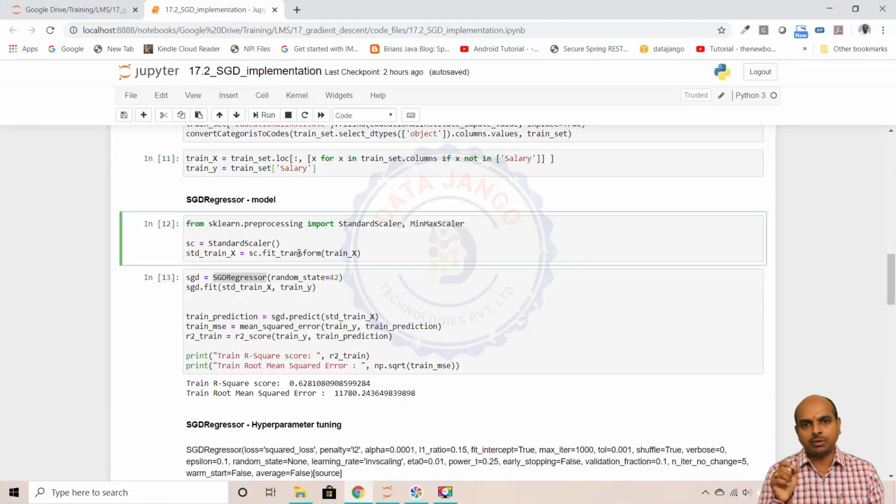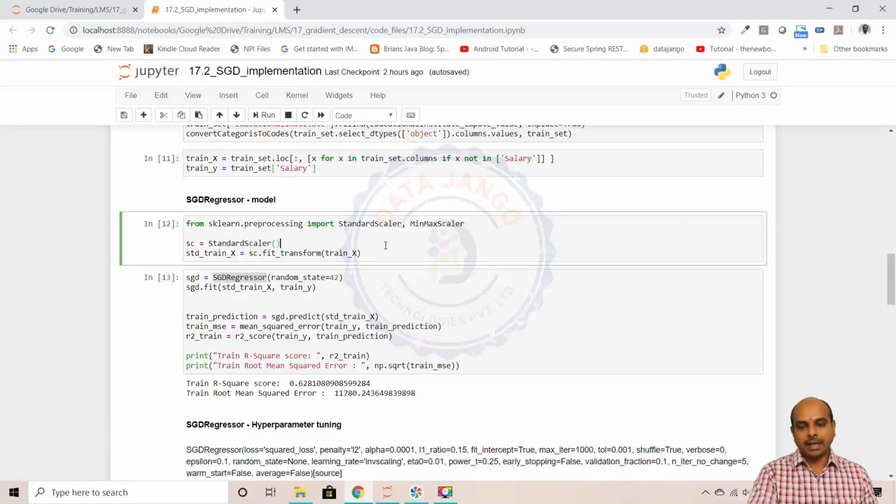If you have 20 columns in your dataset, there will be 20 means and 20 standard deviations. The first column's mean is subtracted from the first column and divided by its own standard deviation. The second column's mean is subtracted from the second column and divided by its own standard deviation. Like that, 20 operations happen when you do the transform, as a vectorized implementation. In matrix manipulation, it does scalar subtraction and scalar division. I think you remember the concepts.